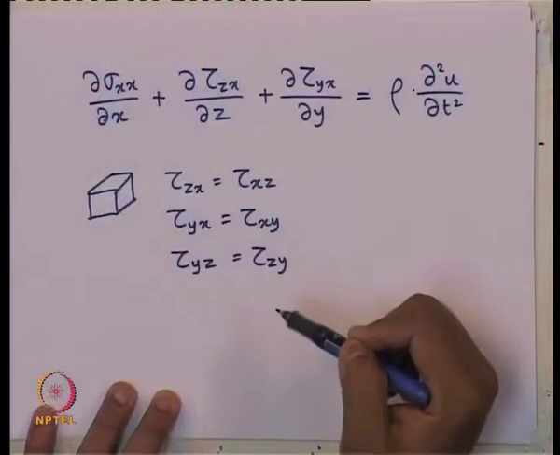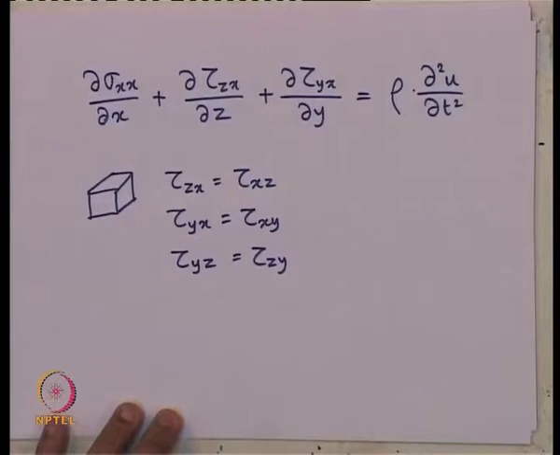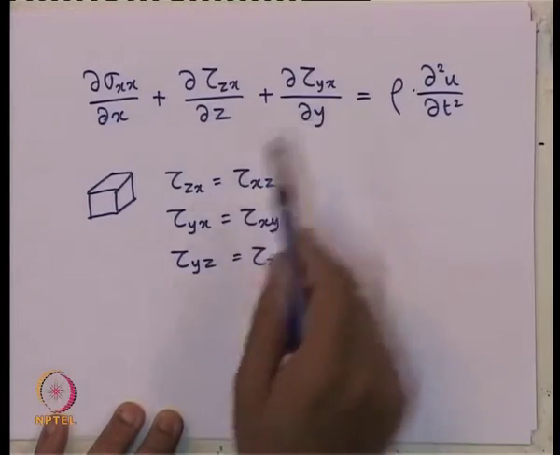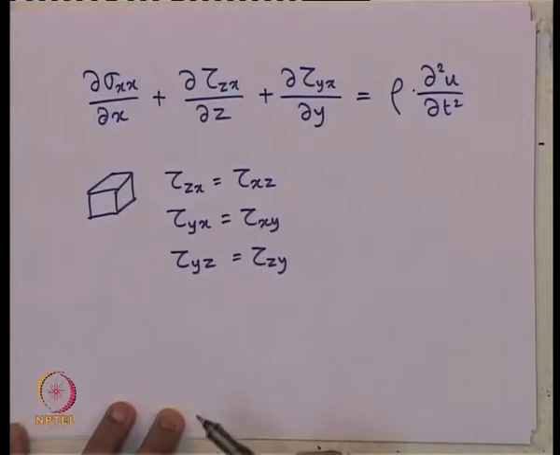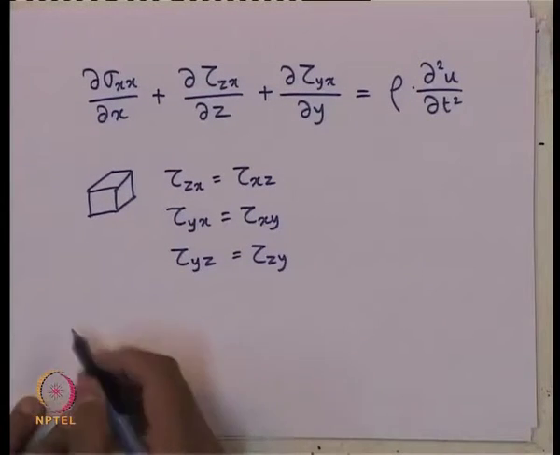Similarly, tau yx equals tau xy and tau yz equals tau zy. These are the conditions for a small element to maintain equilibrium. So, these symbols are interchangeable with respect to the plane and direction in which they apply.